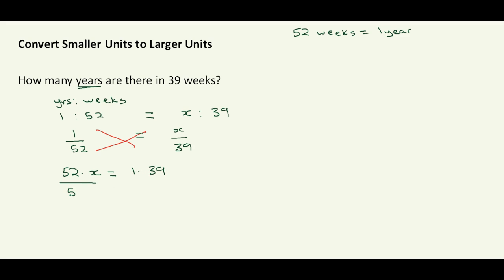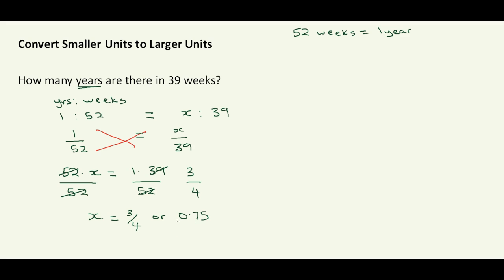Now we can divide both sides by 52. And 52 crosses itself out. Now we have 39 and 52. Let's see, our common factor here is 13. So this is going to give us 3 over 4. So x is equal to 3 over 4, or 0.75.